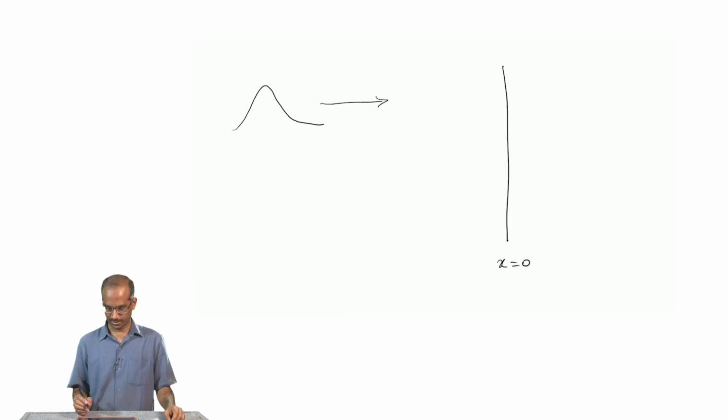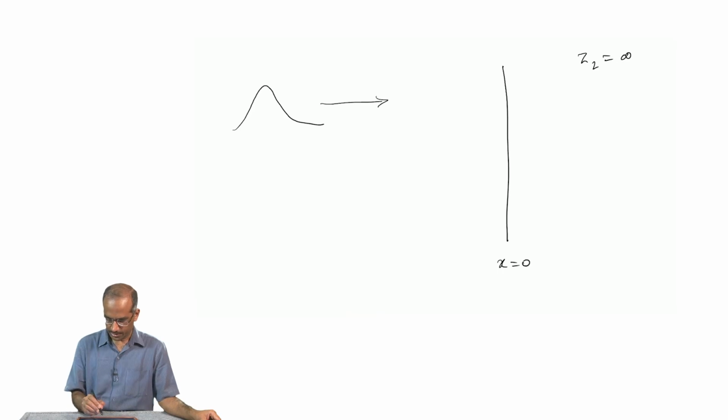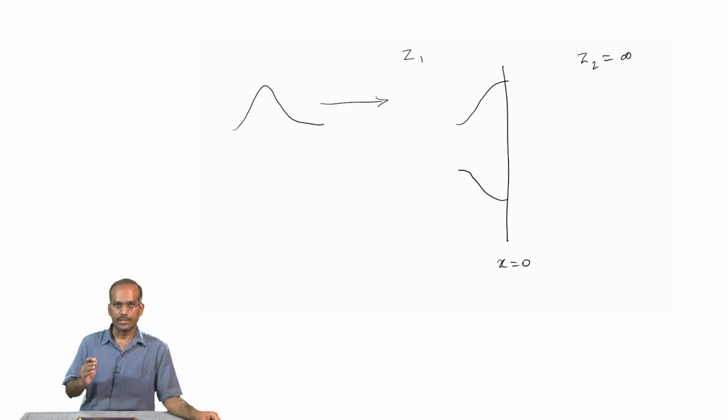That is my incident wave, and when it hits the boundary, assuming that Z2 is infinity and Z1 is some value of impedance, what we will see is that part of this wave has already been reflected and it comes out with a minus sign, and long after it has interacted with the boundary, the wave would look something like this and it would be travelling in this direction now.